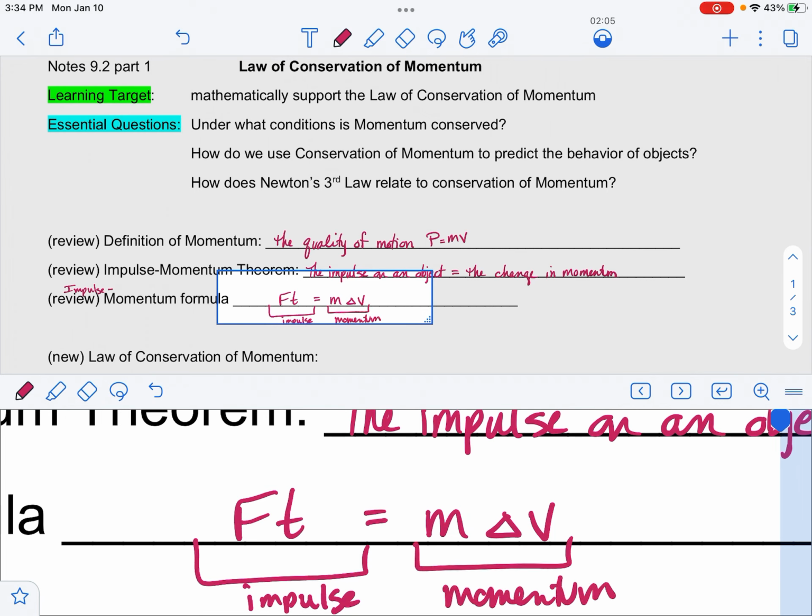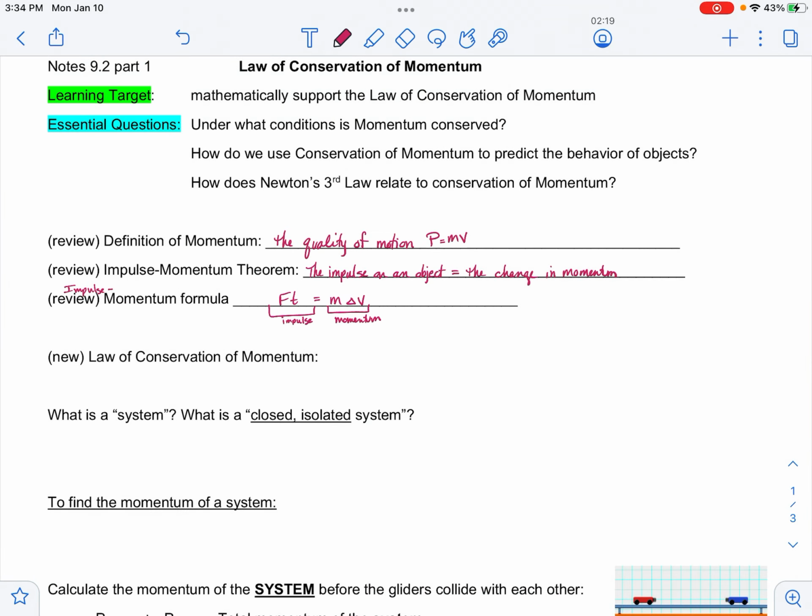Remember that triangle is the letter delta, and it stands for the change in, so that means the velocity is changing, right? Mass is constant, mass won't change, but the velocity is speeding up or slowing down, changing direction, something's happening there. All right, so here's our new stuff, the law of conservation of momentum. Now keep all this review stuff in your head while we go forward, okay?